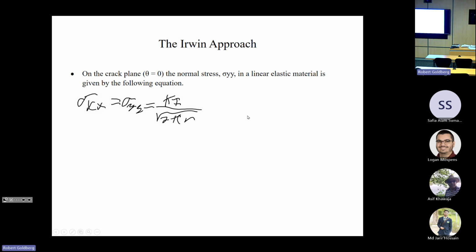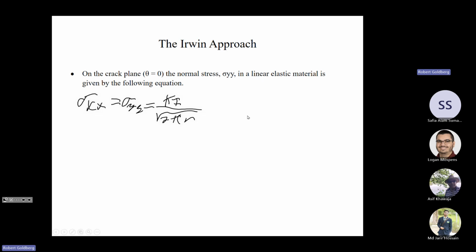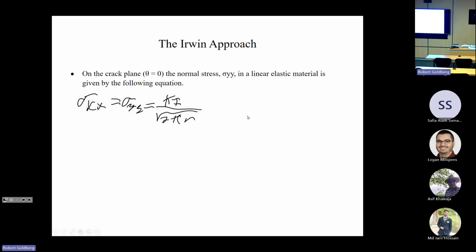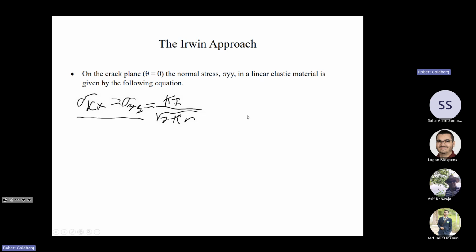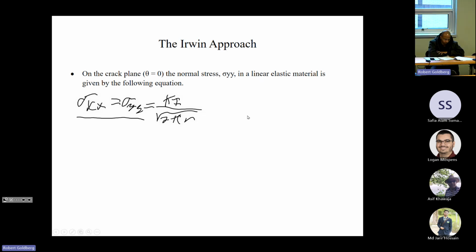As a first approximation, we're going to say that the boundary between elastic and plastic behavior occurs when these stresses satisfy a yield condition.